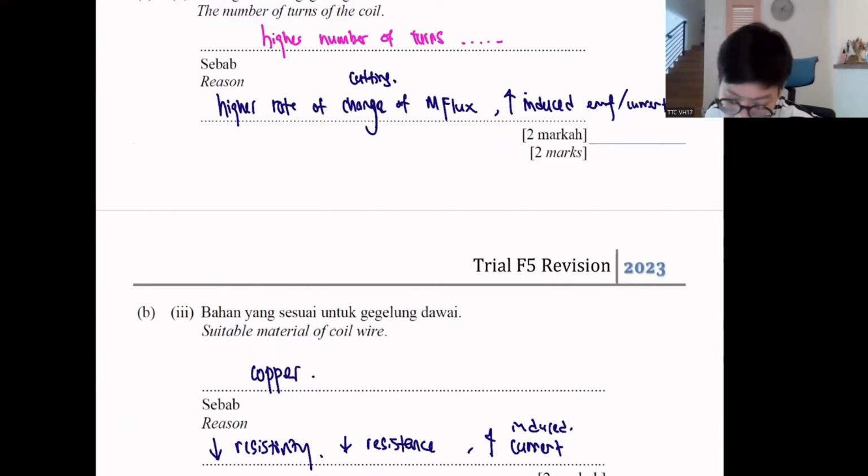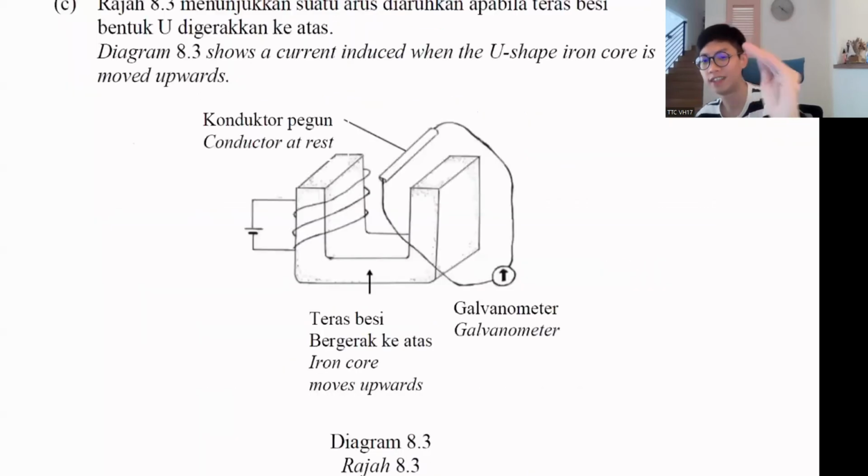Usually you need to be able to state all this stuff. State all this stuff. All right. Yes, correct. That is the idea.